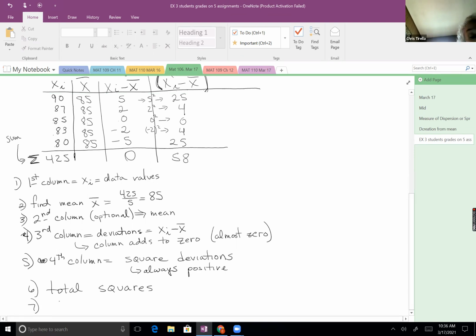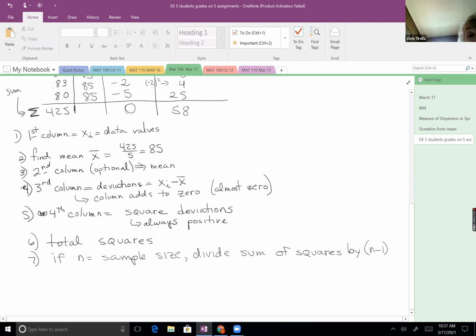Here, what we're going to do is we're going to say that if n is the sample size, we divide the sum of the squares by n minus 1, 1 less than the number of values in the sample.